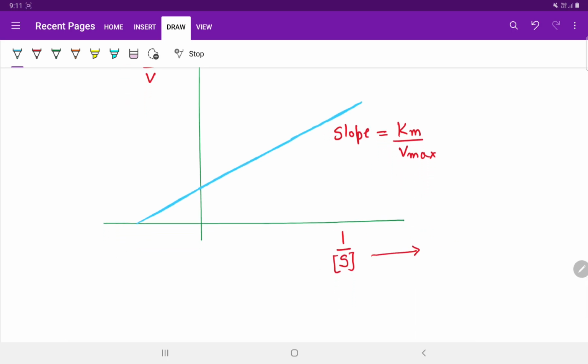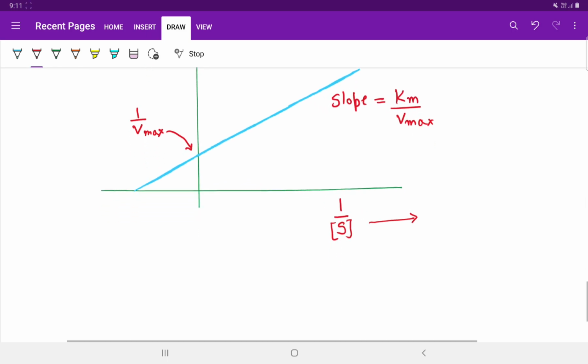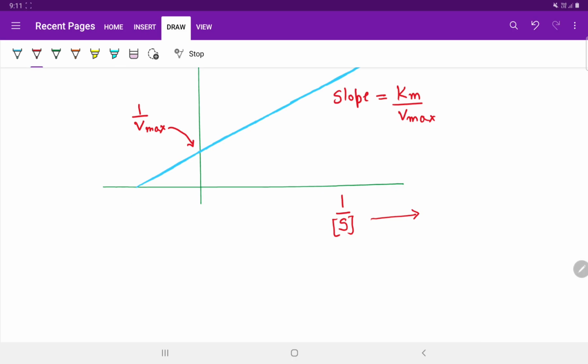And the point at which it intercepts the y-axis is known as the y-intercept, and this is the reciprocal of the maximum velocity. And if we extrapolate this graph on the negative side of the x-axis, the value of Km is obtained.